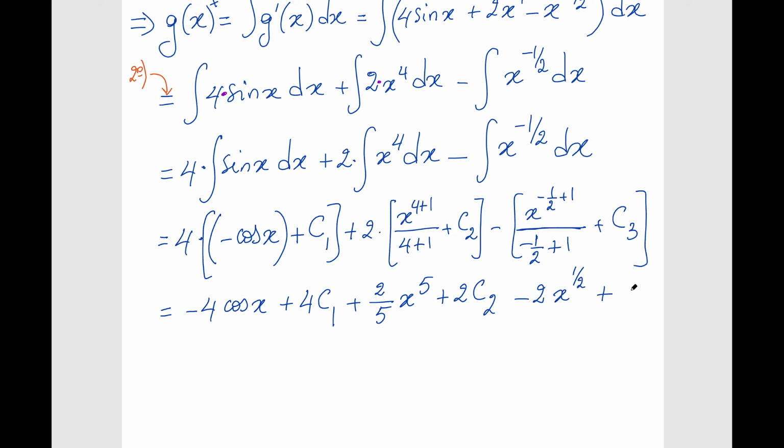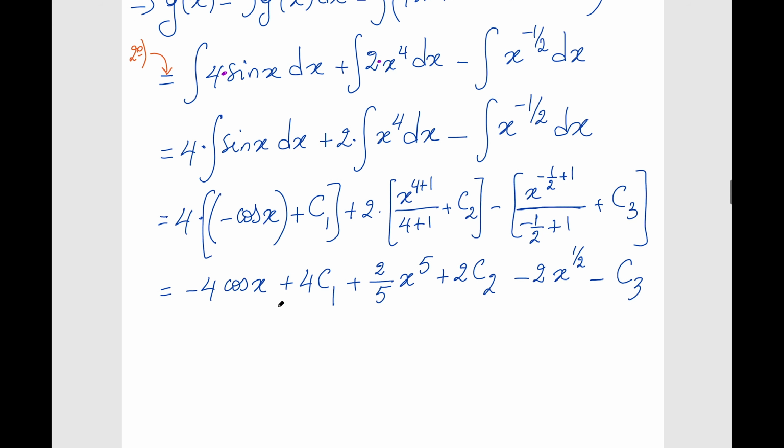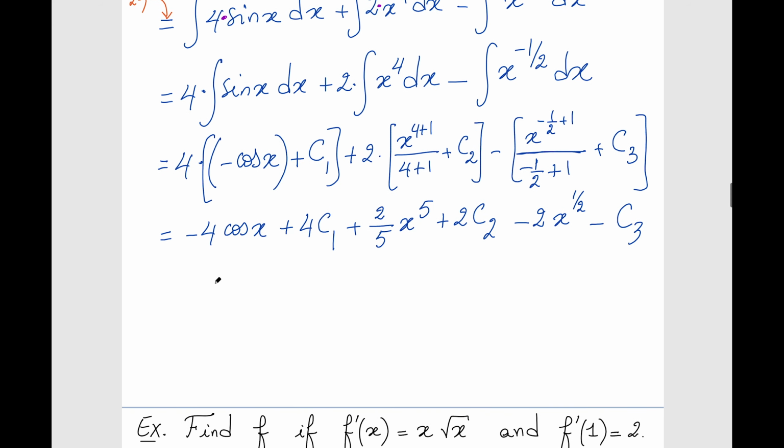Plus, okay, maybe minus C3. Agree with that? We get this. Okay. So then this is the same as minus 4 cosine of x. I'm going to keep the constants together at the end. I'll tell you why.